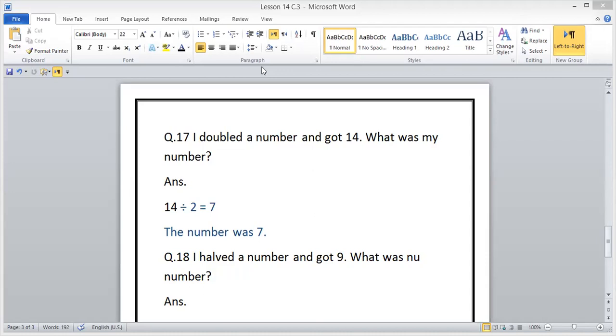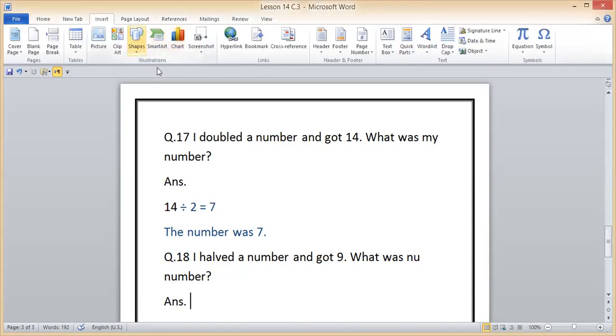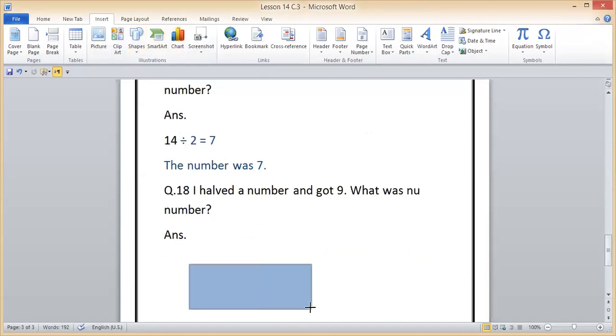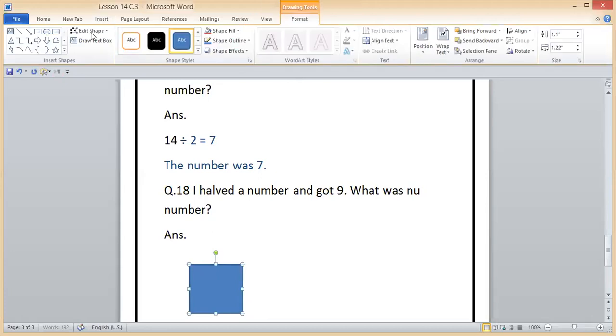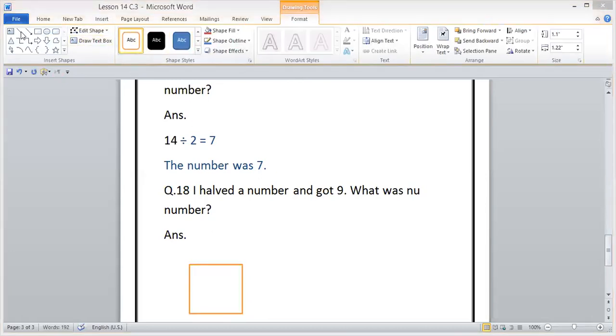Okay. Let me show you with this drawing. Look, this is a square. Okay. Half means to divide anything into 2 equal parts.